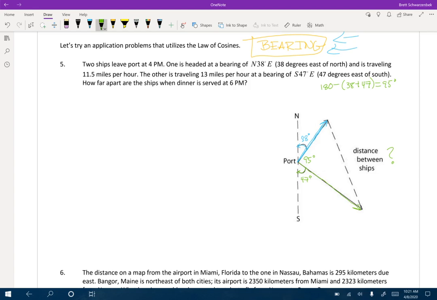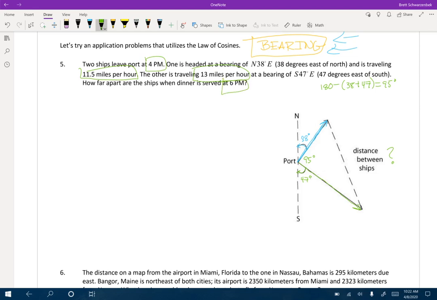So right now we have only one angle in the triangle. So what do we know that could help us with the sides? Clearly, the speed. Okay, so the first ship is traveling at 11.5 miles per hour. So think about this for a second. If it travels at 11.5 miles per hour, how many hours has it traveled?